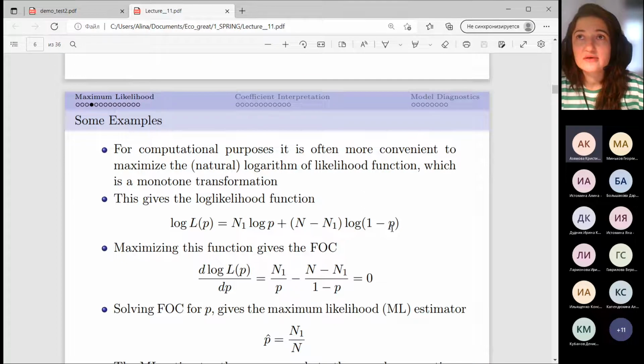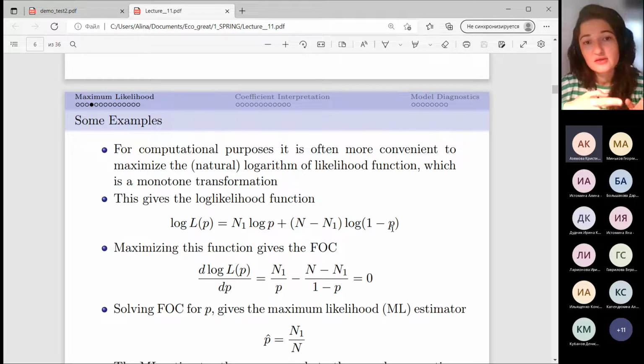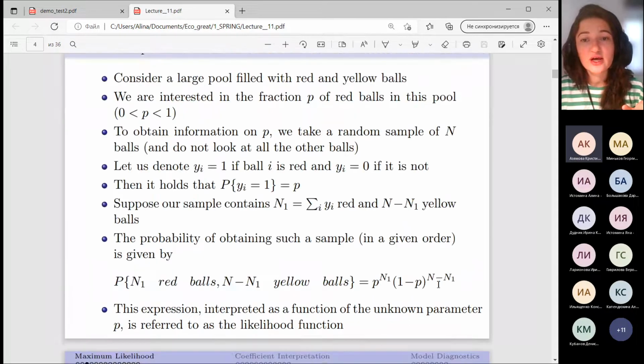And in terms of calculations, it will be difficult to work with such an expression. Here is the multiplication, yeah? Here is the product of two terms.